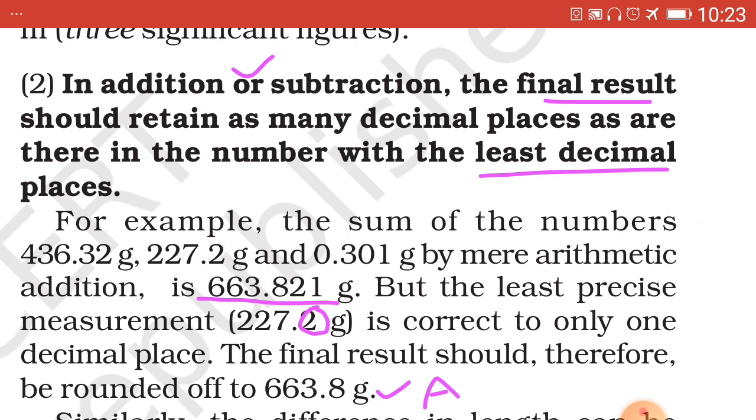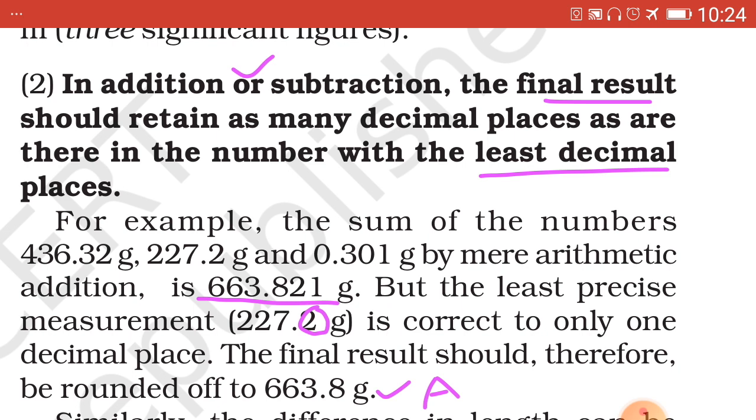Say for example, numbers are given here: 436.32 gram, then 227.2 gram, 0.301 gram. 3 numbers are given. If you add those 3 numbers, you will get 663.82 grams. Now the least precise measurement will be equal to 227.2 grams.